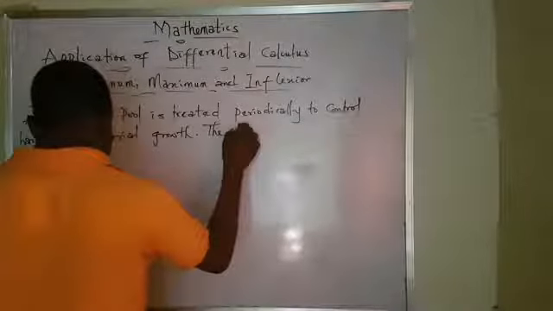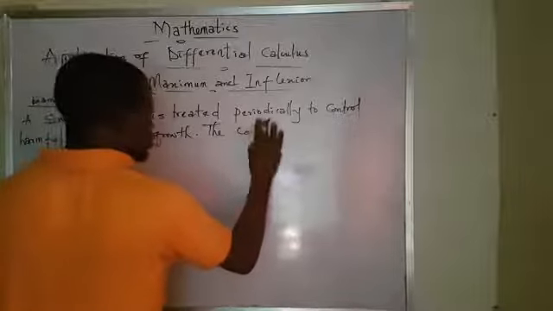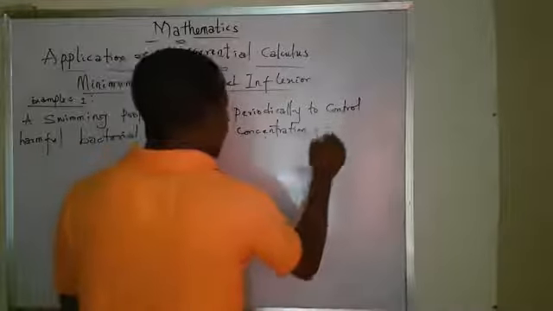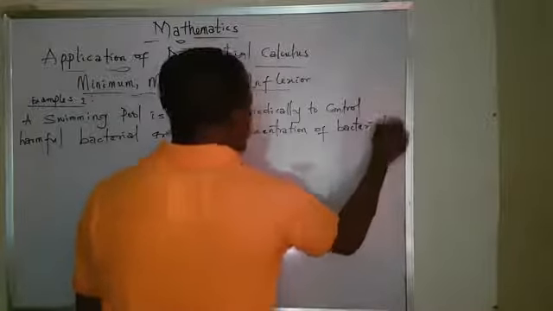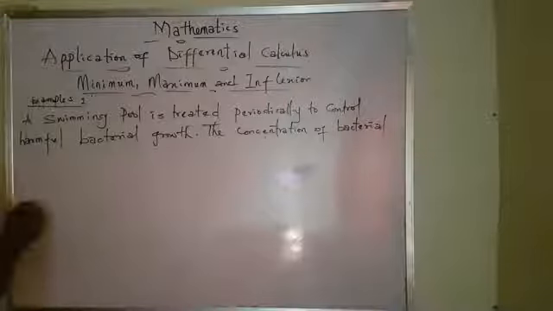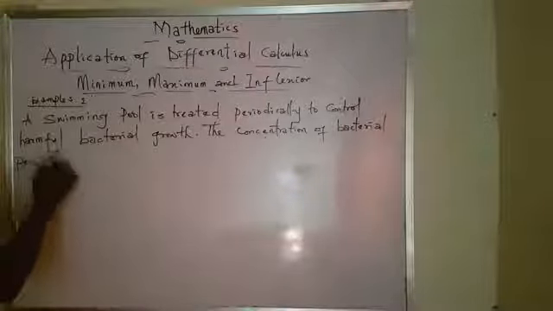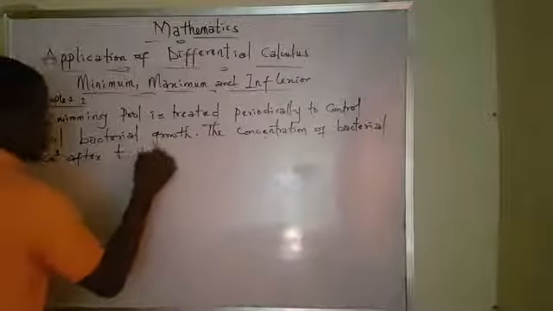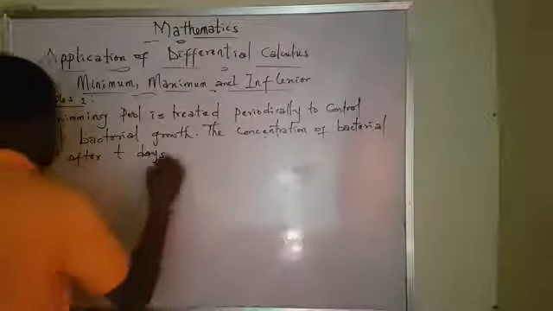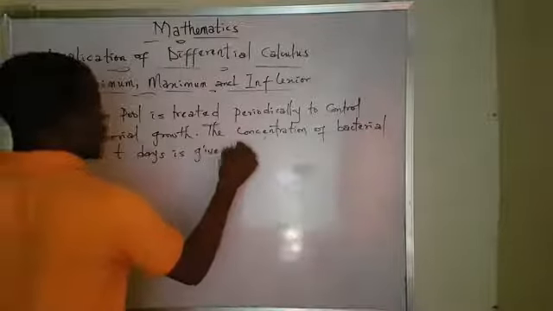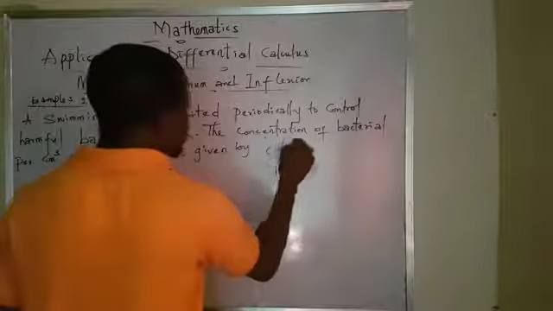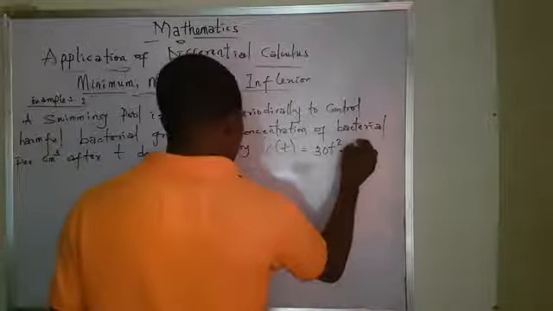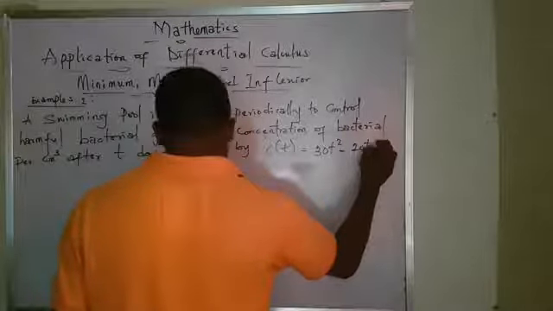The concentration of bacteria per centimeter cube after T days, as a particular number of days, is given by C of T, which is equal to 30T squared minus 20T plus 500.